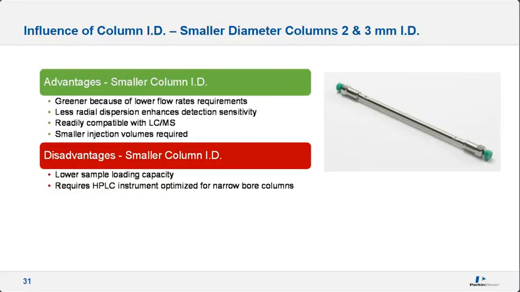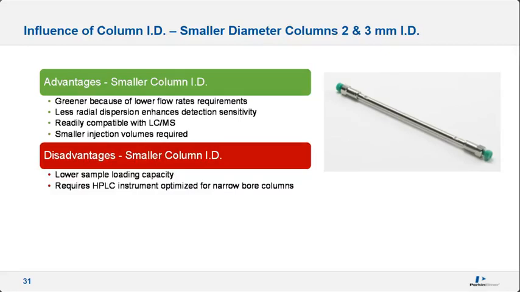Now let's look at the influence of column ID. Smaller diameter columns, such as 2 and 3 millimeter ID columns, are greener because they utilize lower flow rates. They experience less radial dispersion, which enhances detector sensitivity.